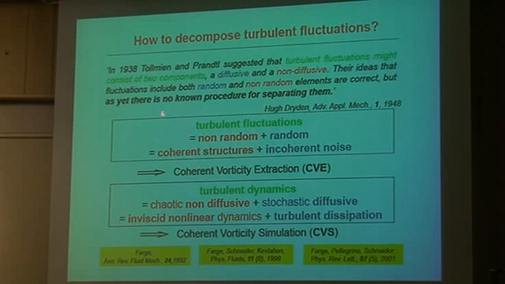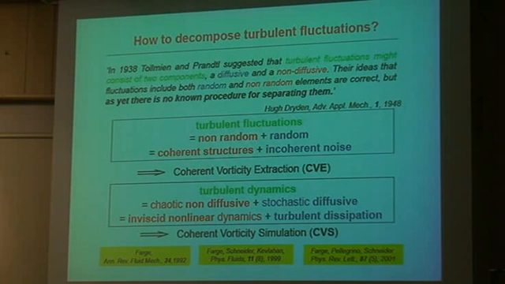He explained that at the International Conference of Mechanics in 1938, Tollmien and Prandtl suggested that turbulent fluctuations might consist of two components, a diffusive and a non-diffusive. Their idea that fluctuations include both random and non-random elements is correct, but as yet there is no known procedure for separating them.